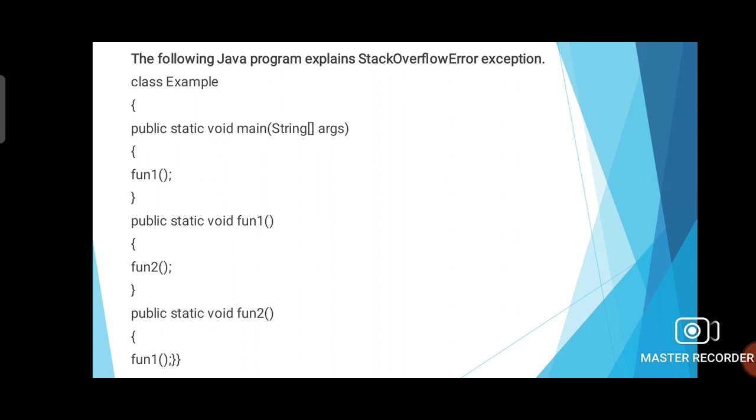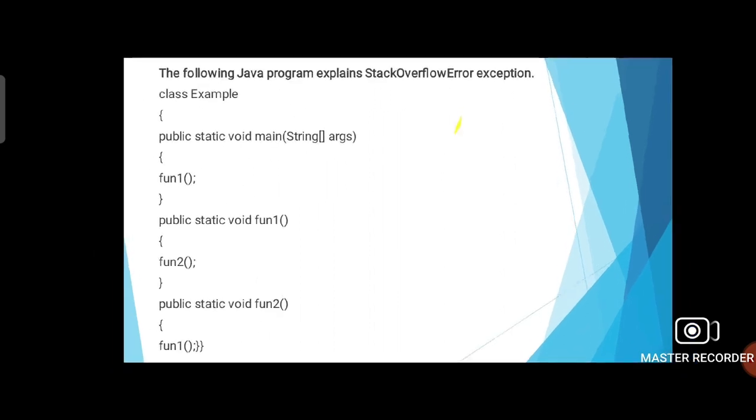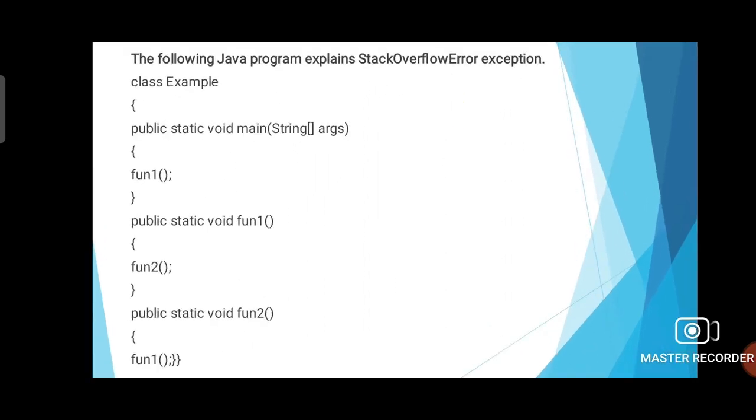For example, in this program we are calling the function fun, and fun1, inside the function fun1 we are calling the function fun2, and inside the function fun2 we are calling the function fun1. So here the functions will be called again and again repeatedly. It will go on without termination. The functions will be called an infinite number of times. So this leads to stack overflow.